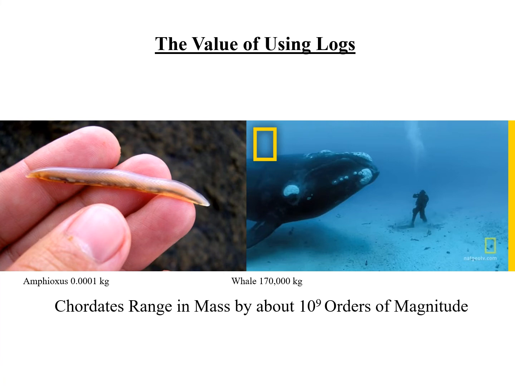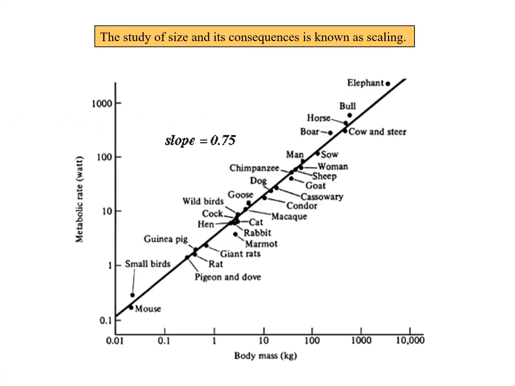And to put your data onto an arithmetic graph means that most of your animals are squashed into a range of the scale where you can't even read it. So here's an example. The whale isn't on here. This is the famous mouse to elephant curve.